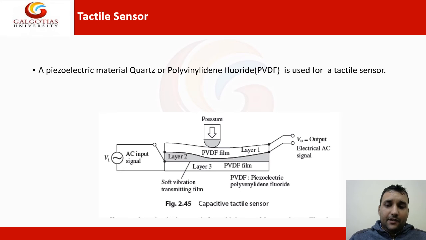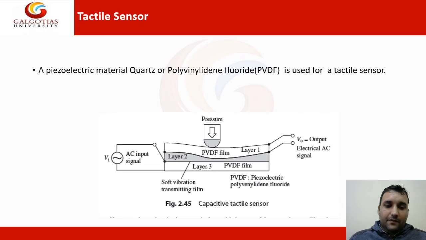This is a diagram for a capacitive tactile sensor. A piezoelectric material, that is quartz or PVDF, is used for the tactile sensor. This is the PVDF film. When pressure is applied, the shape of the PVDF changes.